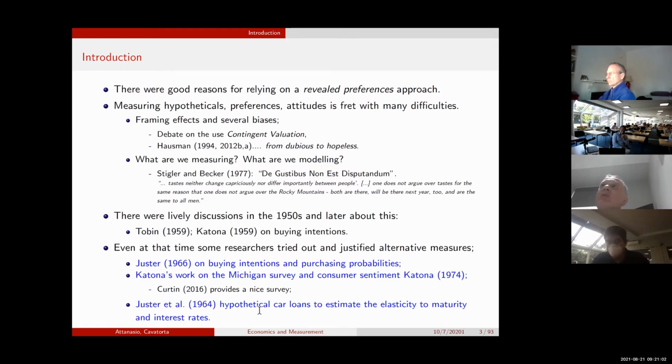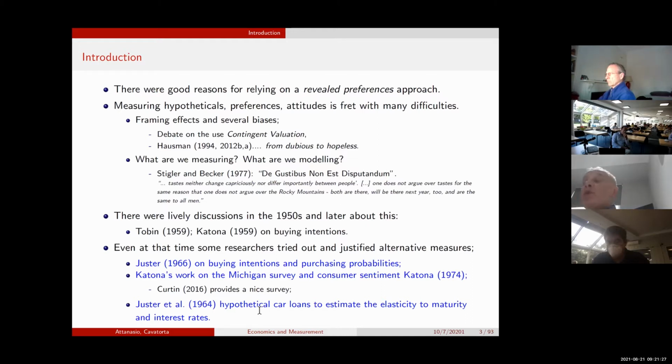And then he randomized the type of offers, the hypothetical offers, that they gave to people. The idea was to use that variation, which was fully controlled, of the car loan demand to maturity and interest rate, with the idea of testing the presence of borrowing restrictions.